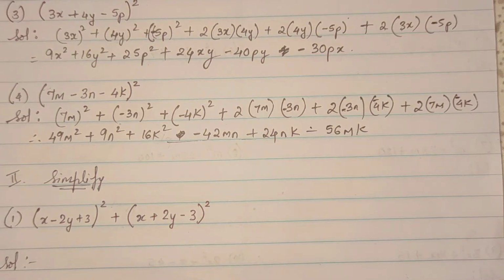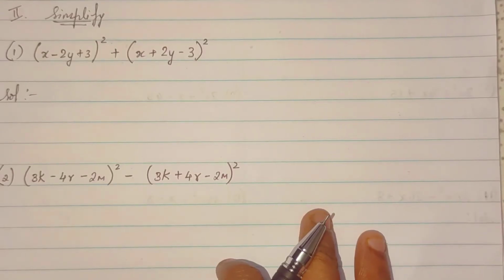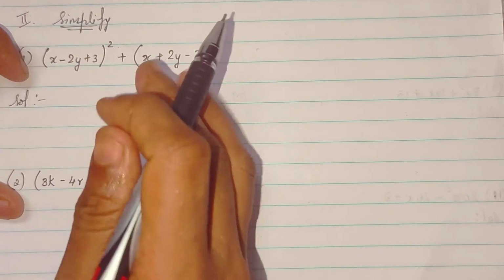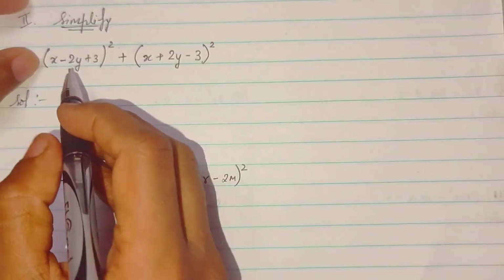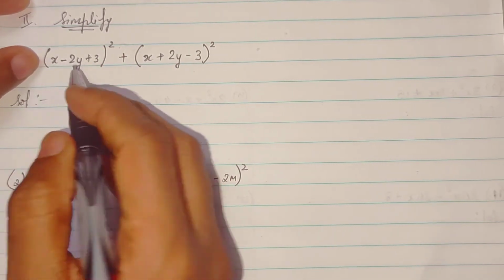Now let's see the next sum. Simplify. Now see, we have two terms, this and this. So first we will expand this term.